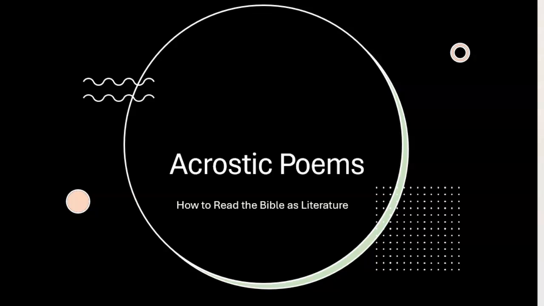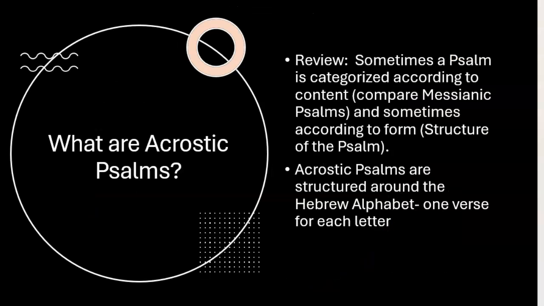So, here we're talking about acrostic poems. A psalm like a messianic psalm is that kind of genre because of its content. It has predictions or a pattern that is used to describe Christ later on. And then sometimes it's according to form.